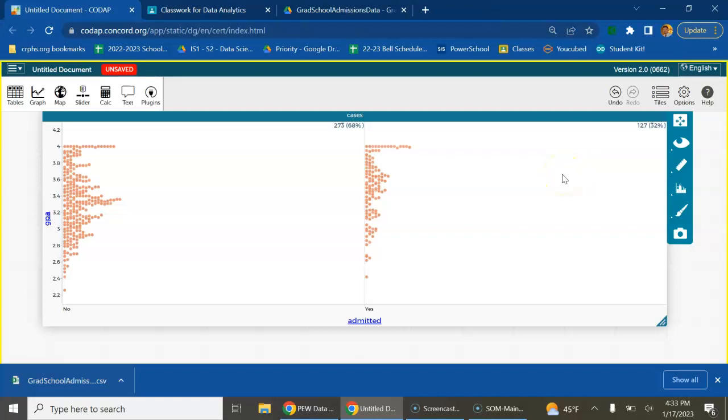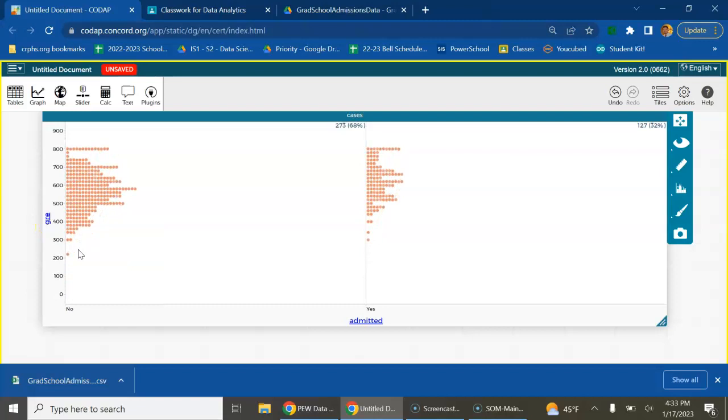Okay, question 6 then is asking, what is the lowest GRE score for a student who was admitted? What's the highest GRE score for a student who was not admitted? So we don't care about GPA anymore. We're now focused on the GRE, which is like the SAT, but for going to grad school. And now that we have these sorted, we can actually look. It looks like the lowest GRE score for a student who was admitted was a 300.